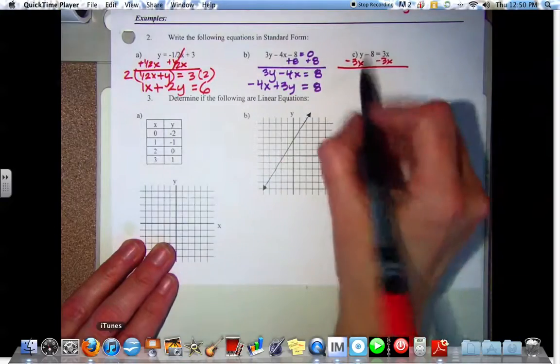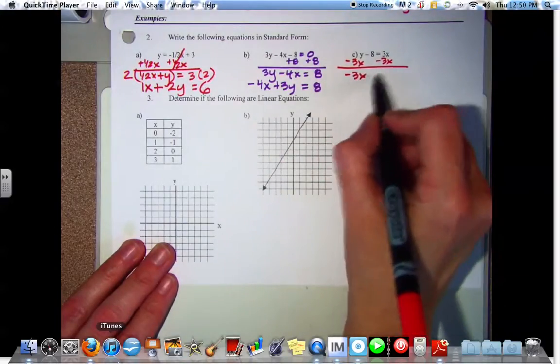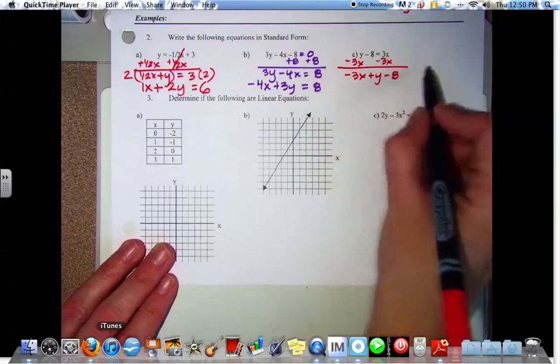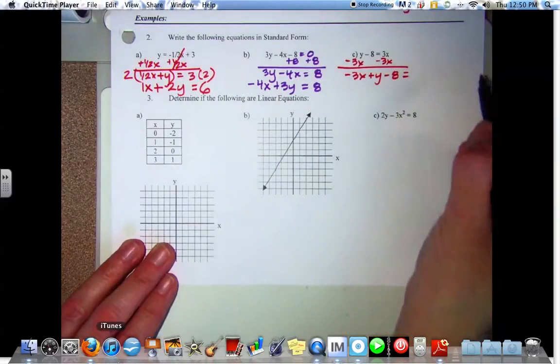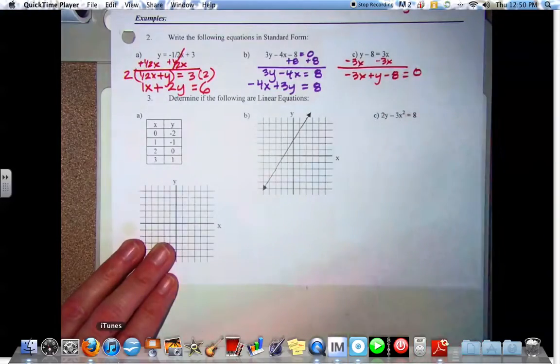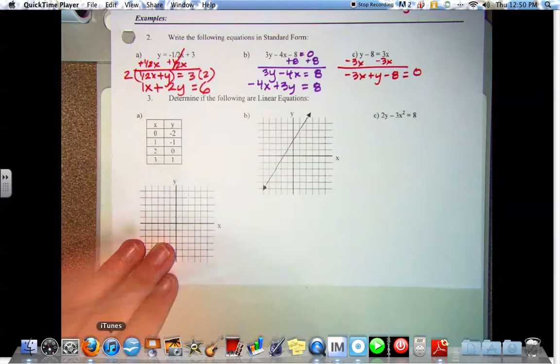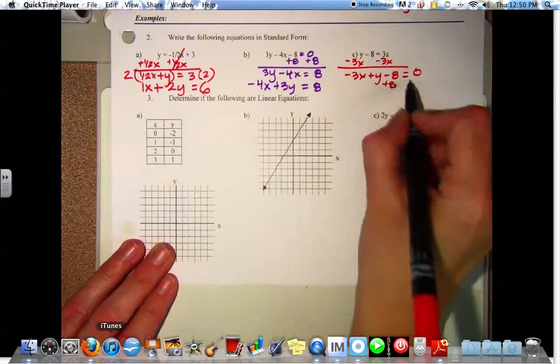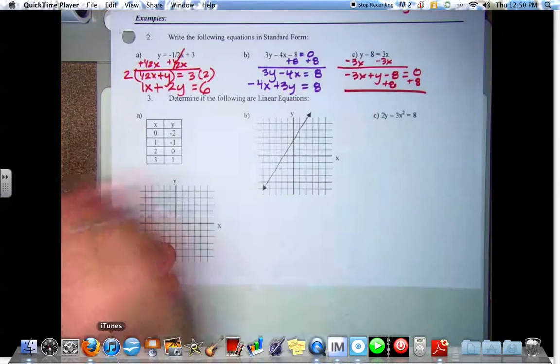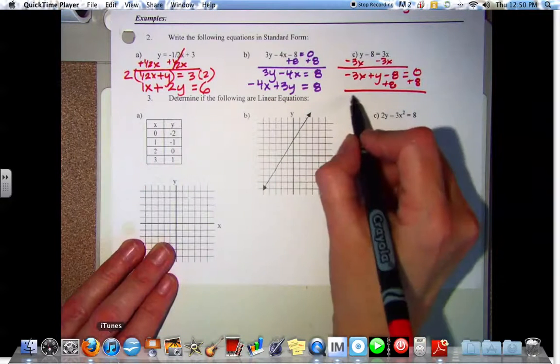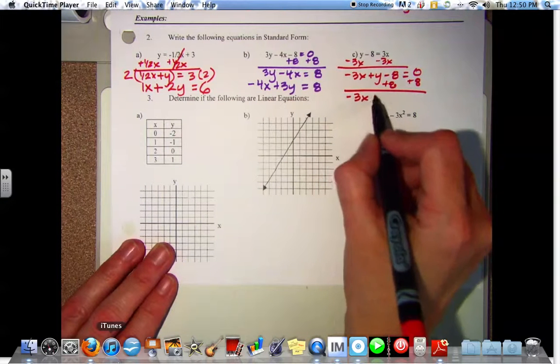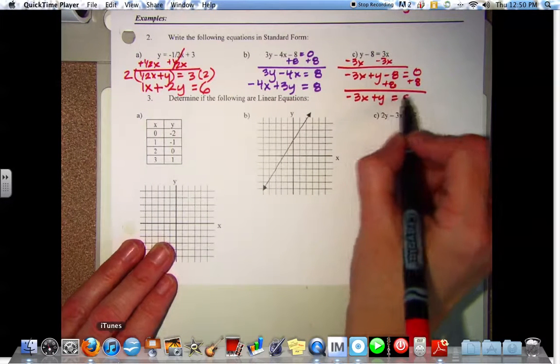What else? Negative 8. Yep. And what's on the right-hand side? 0. So I have negative 3x plus y equals 8.